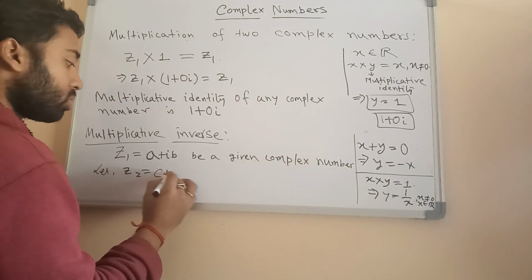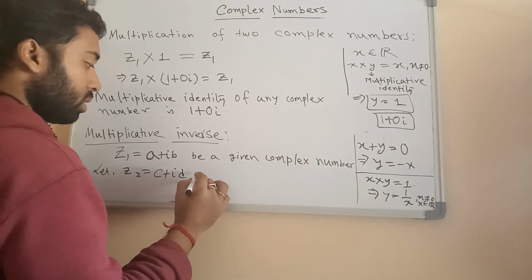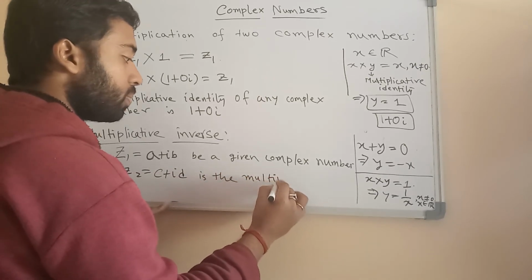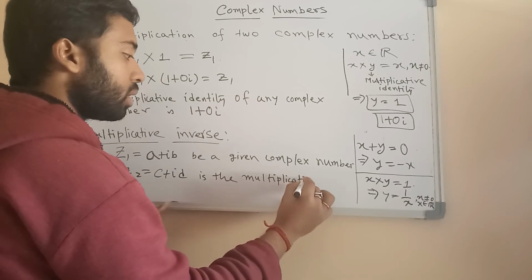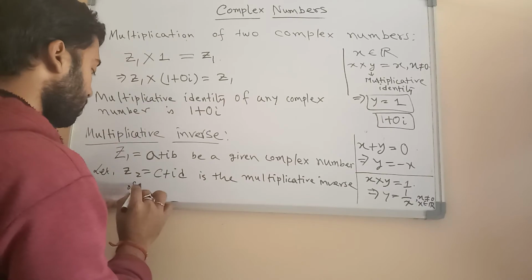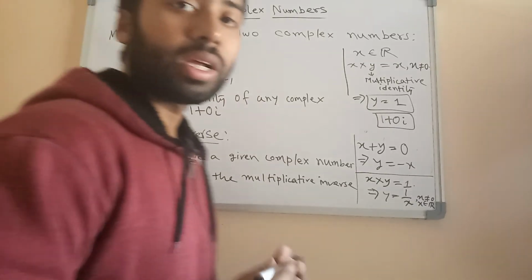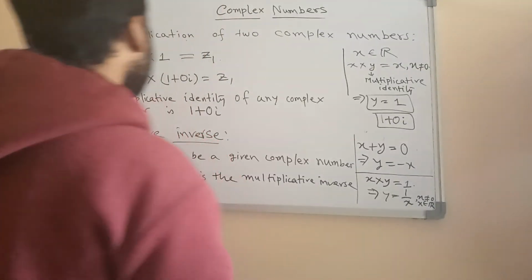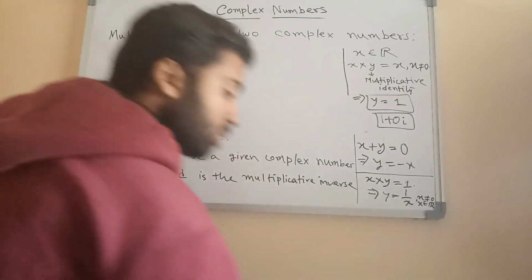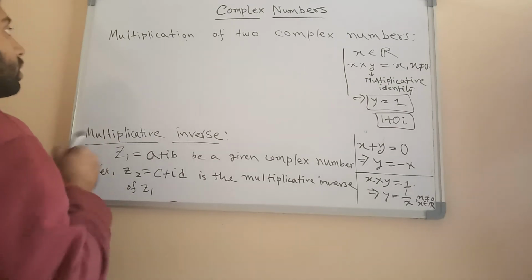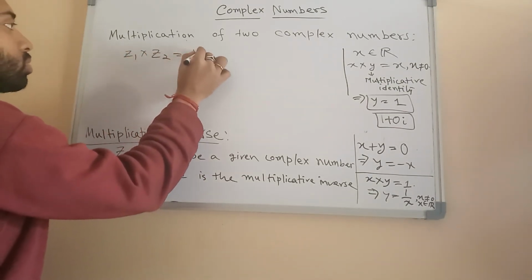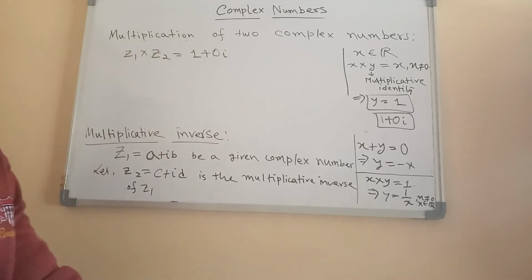Let z2 equals to c plus id be the multiplicative inverse of z1. So by the definition of multiplicative inverse, we get z1 into z2 will be equals to 1 plus 0i.